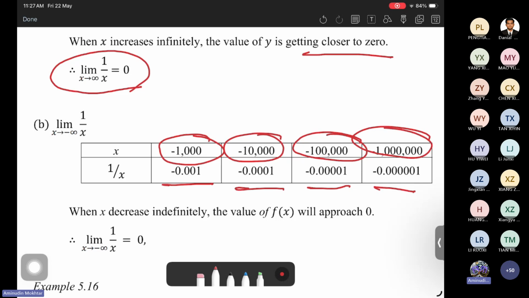So from this example, we can conclude that when x decreases indefinitely, the value of y will approach zero. The value of y will approach zero whether x approaches negative infinity or positive infinity.